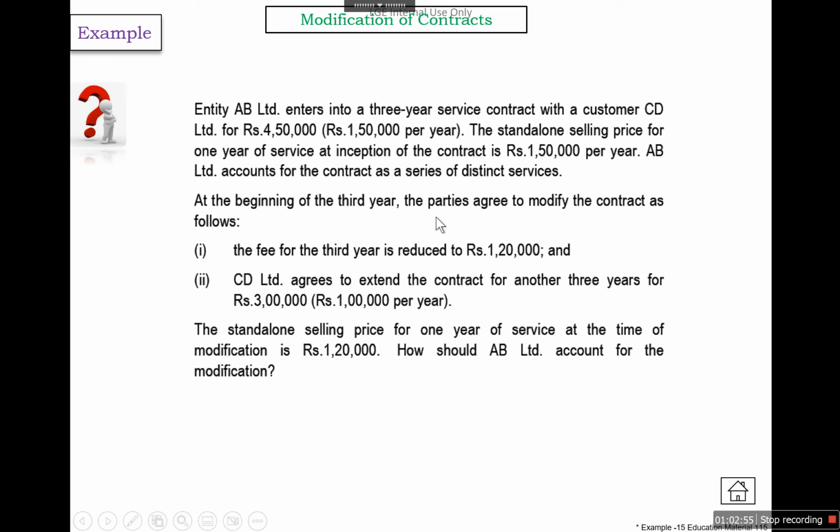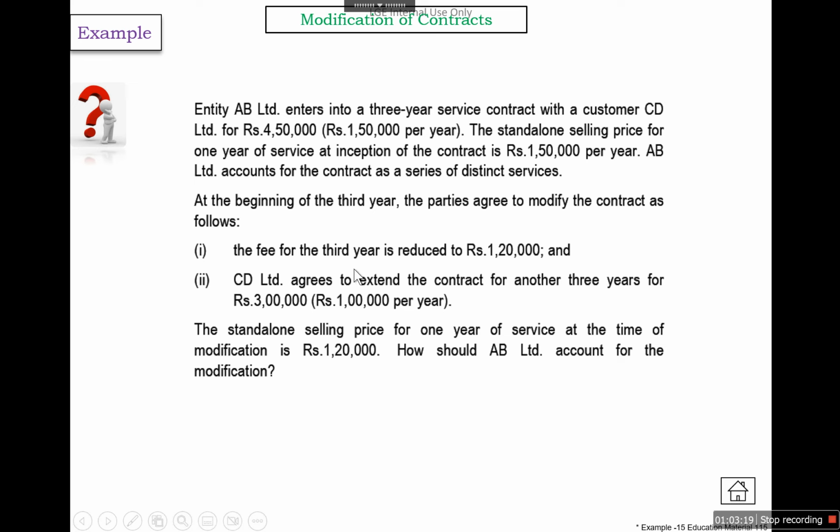At the beginning of the third year, the parties agree to a modification of the contract. The fee for the third year is reduced to 1,20,000, and CD Limited agrees to extend the contract for another 3 years at a rate of 1 lakh per year. The standalone selling price for 1 year of services at the time of modification is 1,20,000.